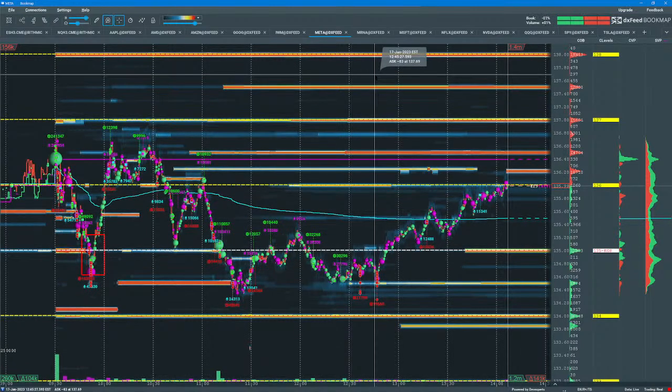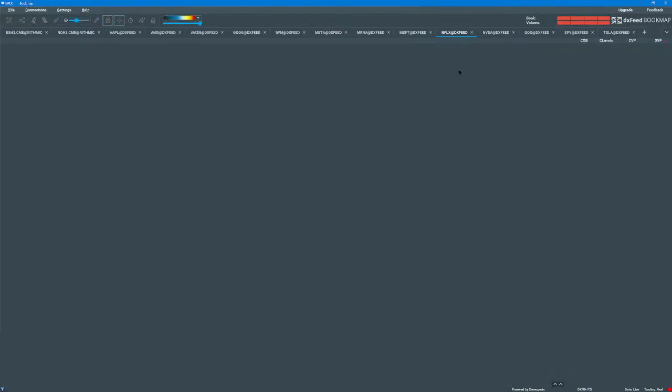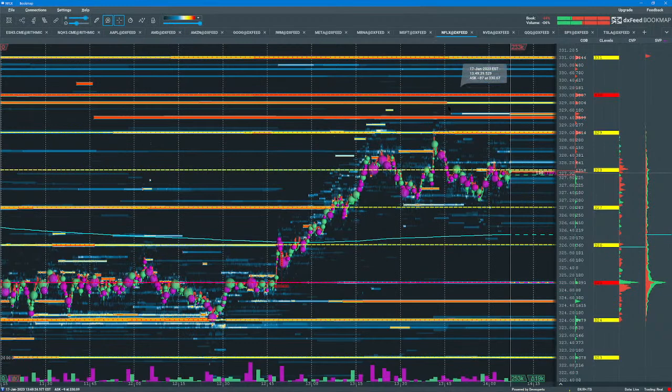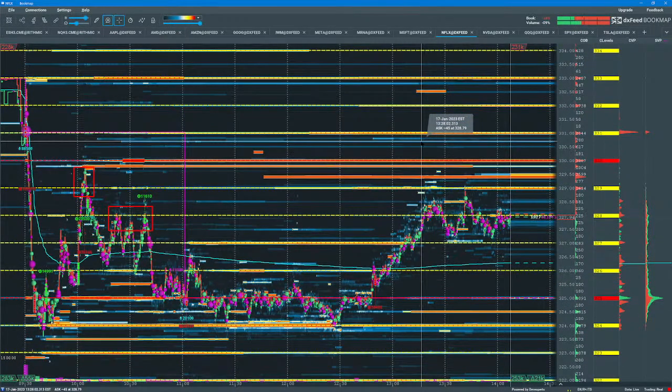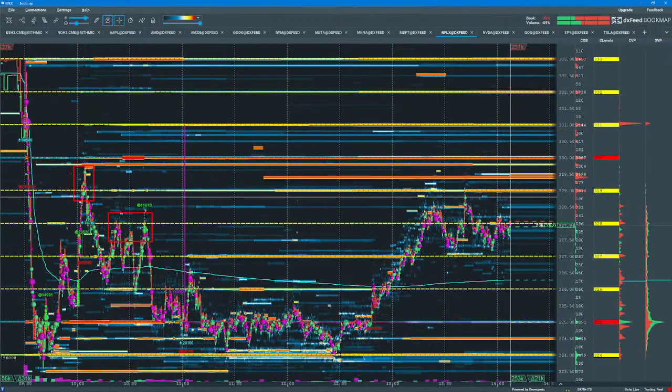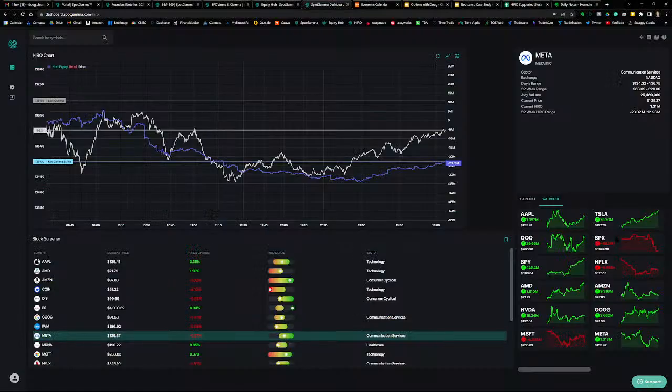So pretty choppy action in Meta. Let's take a look at Netflix. And these are the better setups now. So let's go to Hero.